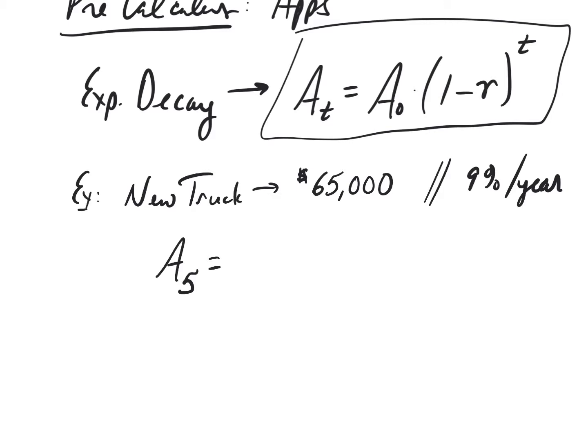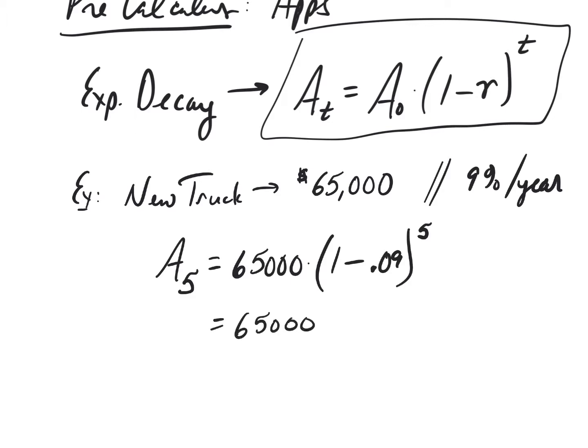So what the formula says is that the value after 5 years is going to be equal to the initial value of the truck, $65,000, times 1 minus the rate at which it decreases, and it's going to decrease at 9% per year, remembering to change percents into decimals, and then we're going to keep this truck for 5 years, so t is equal to 5. We do PEMDAS, so we subtract 1 minus 0.09.